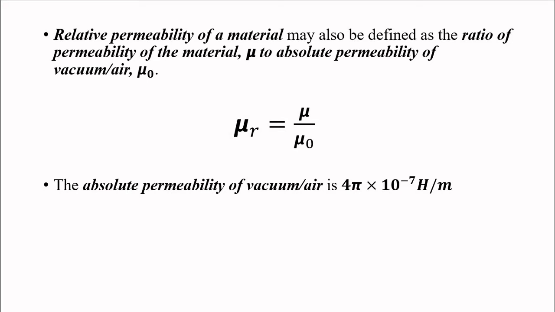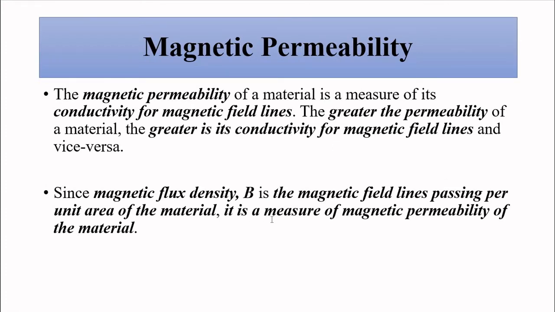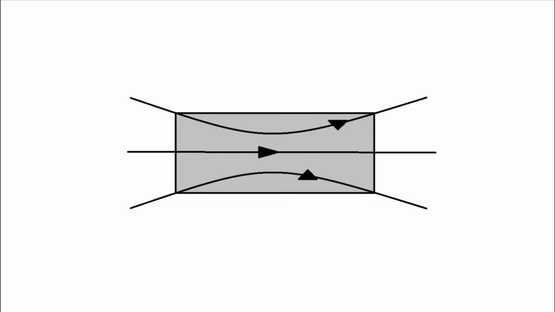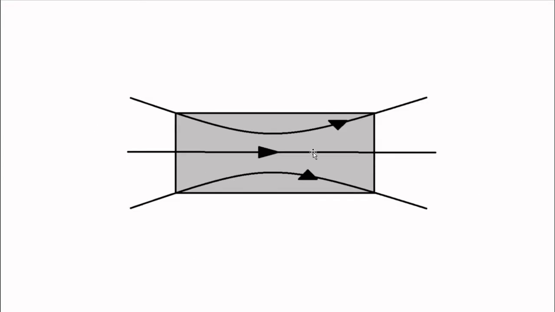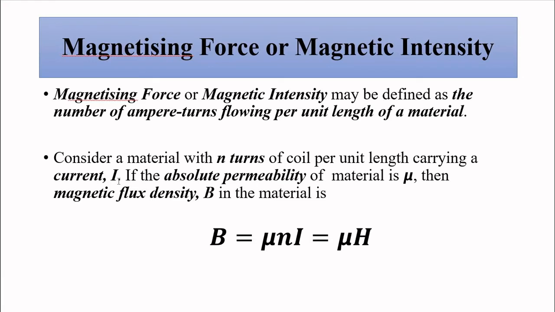These are the two ways of expressing magnetic permeability. Magnetic permeability basically is conductivity for magnetic field lines. More permeability, more magnetic field lines of force; less permeability, fewer magnetic field lines of force passing through the material. So this is permeability we have covered, flux density we have covered. Next is magnetizing force or magnetic intensity.